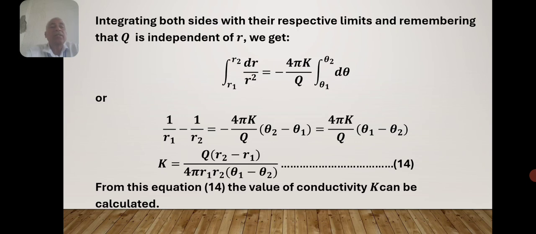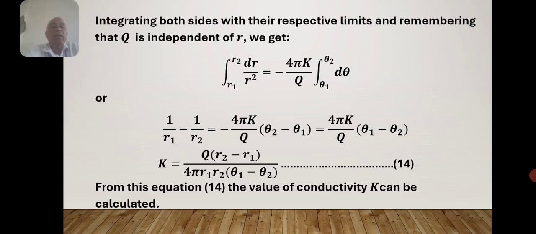Integrating both sides with their respective limits and remembering that Q is independent of r, we get, integrating the left hand side from the limits r1 to r2, dr upon r square equals minus 4 pi K upon Q into the integration of d theta from theta 1 to theta 2.